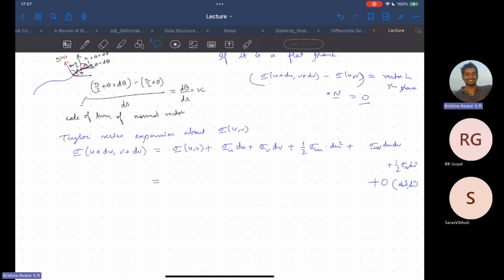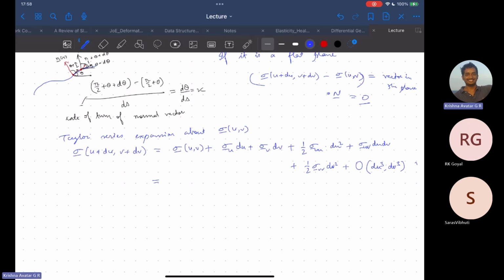This will be 2 times, so it's just sigma uv plus sigma uv, and we delete one. This will be plus half of sigma vv dv squared plus the higher order terms, of order du cubed, dv cubed.